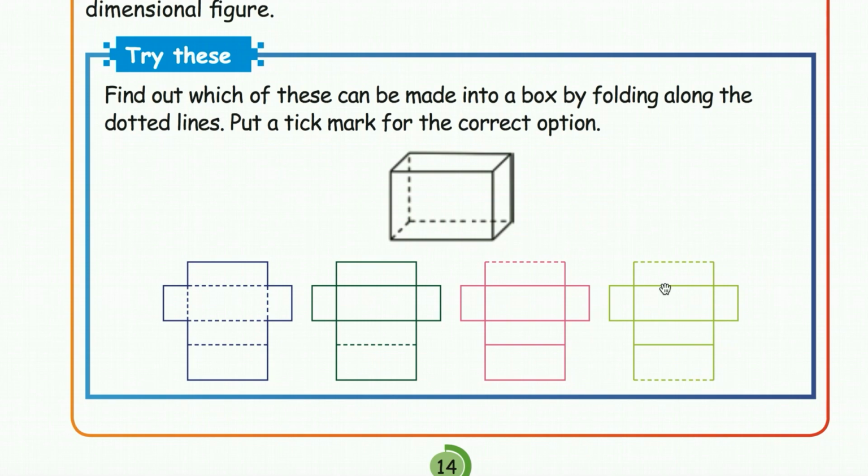That is how I will check. The first one passed the test. Oh, this is not what I asked for. I need to put a tick mark here. Now this one, no, that means no. This is wrong only.